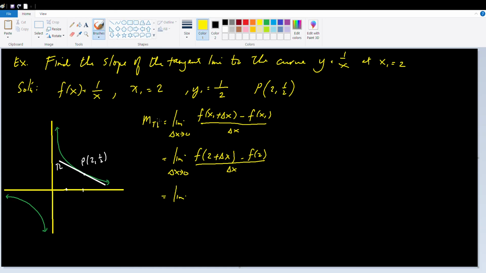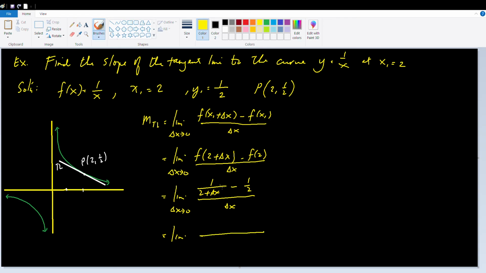So our f of x is 1 over x. We will replace x by 2 plus delta x. So it becomes 1 over 2 plus delta x minus f of 2, so 1 over 2, over delta x, as delta x approaches 0.